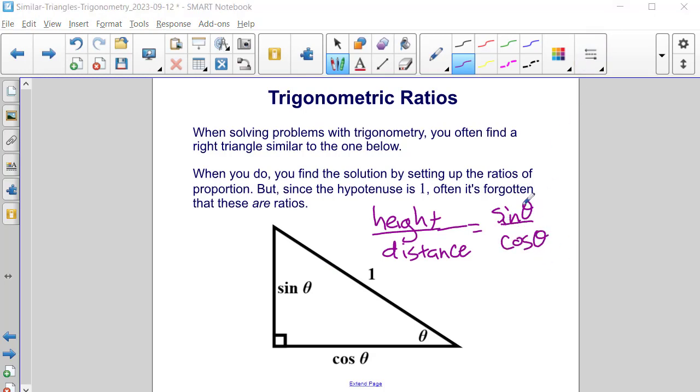And some of you may be remembering that sine of theta over cosine of theta is equal to tangent of theta. So you could also use height over distance as being equal to the tangent of theta. However, since the hypotenuse in this triangle is 1, it's often forgotten that these are ratios and we are setting up and solving a proportion.